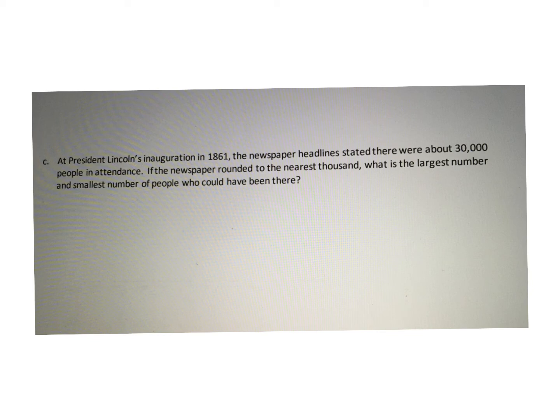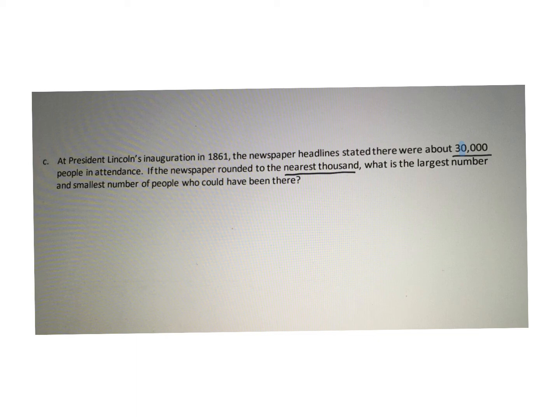So at President Lincoln's inauguration in 1861, the newspaper headlines stated that there were about 30,000 people in attendance. If the newspaper rounded it to the nearest 1,000, this is important, nearest 1,000, what is the largest number and the smallest number of people who could have been there? So let's just go back and let's remember to highlight our thousands place right there, and we have 0.